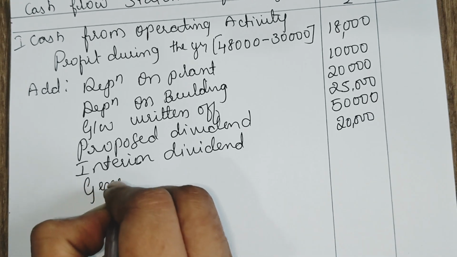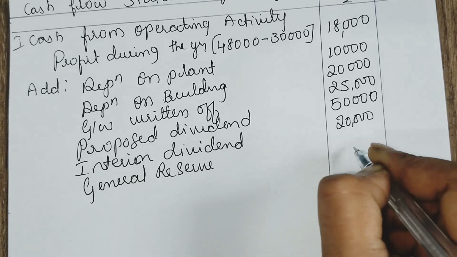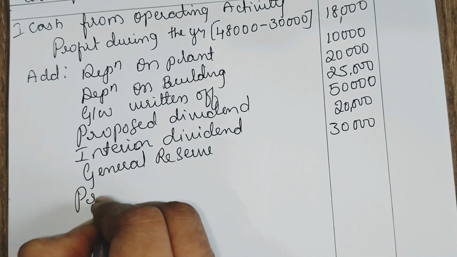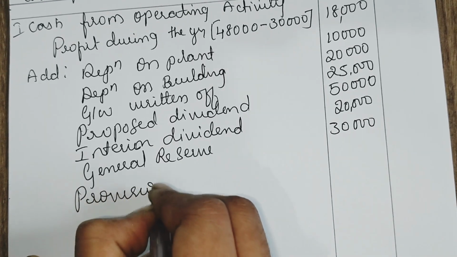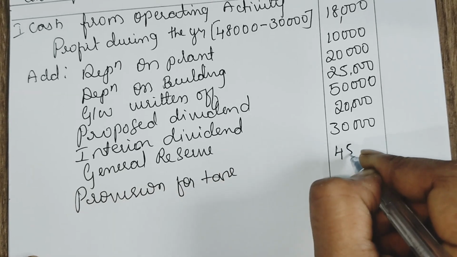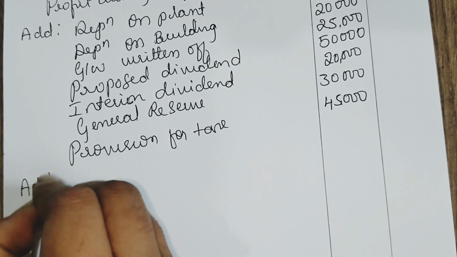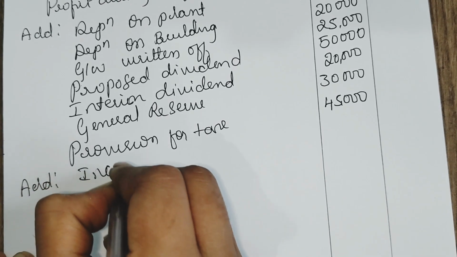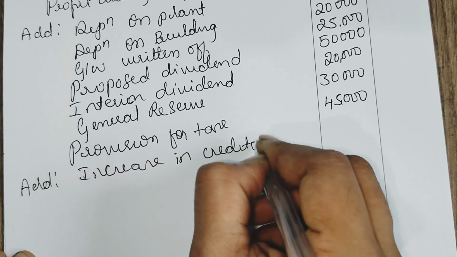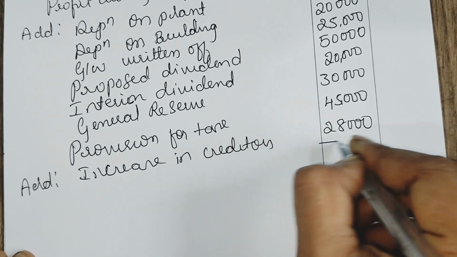General reserve 30,000. Provision for tax 45,000. We are having only one increase in creditors, that is 28,000.